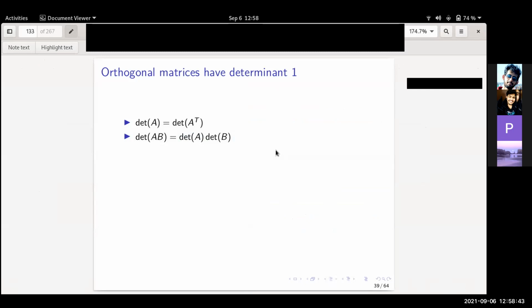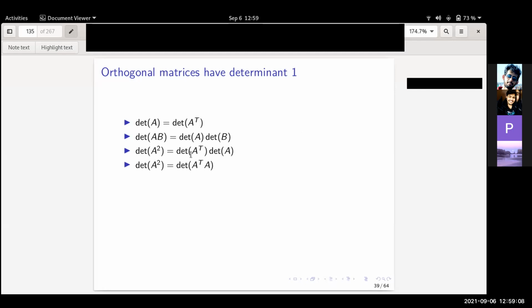You can expand by any rows or any columns. And then you have this product rule, determinant of AB equals determinant of A times determinant of B. So let us look at determinant of A square, which can be expressed as determinant of A transpose times determinant of A.